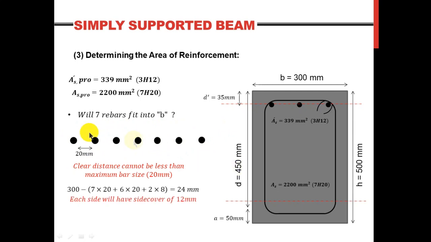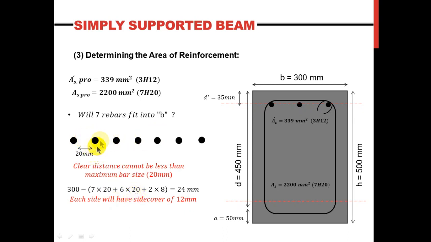Right, so we said the clear distance must be 20, and this is set by the code. Now we have 300, that's the B, minus, okay, we have 7 bars in just one row, and each has 20 millimeter diameter. This is plus the spacing between them.